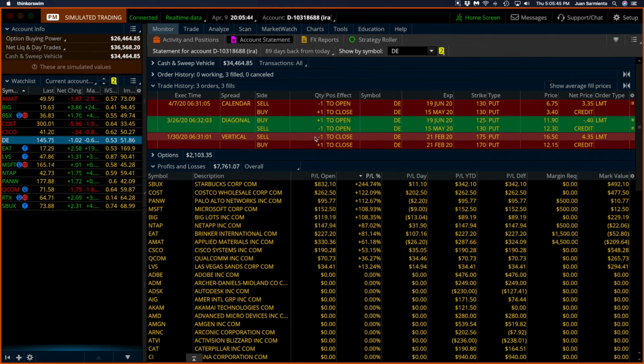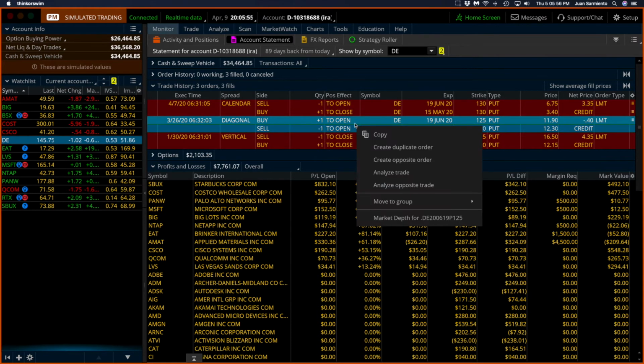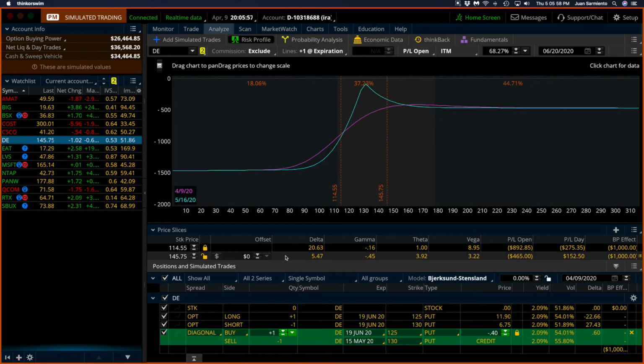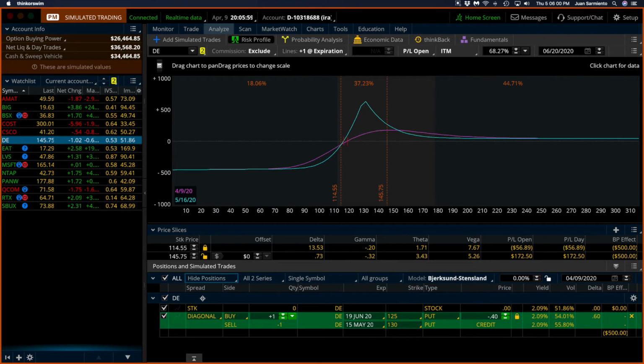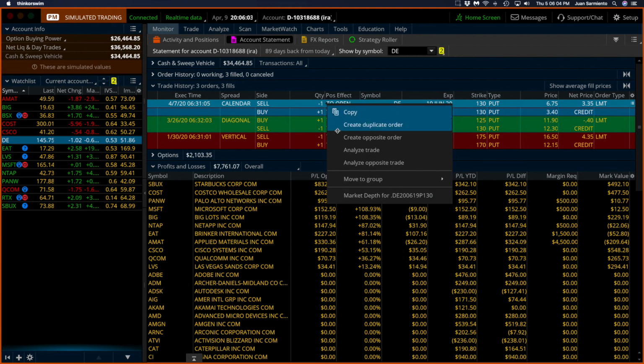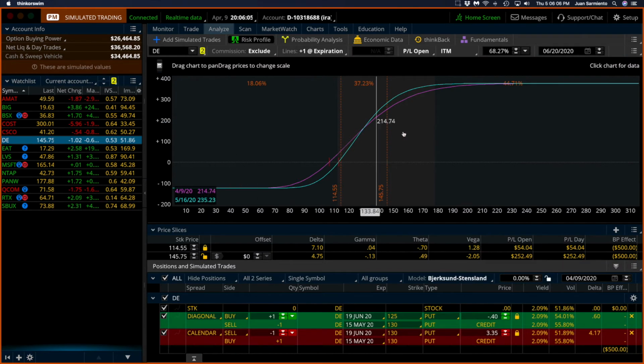Okay, so started here. Okay, this was a closed. So it was a diagonal to start with. That was our original trade, and I think I switched it and transformed it into a vertical spread.